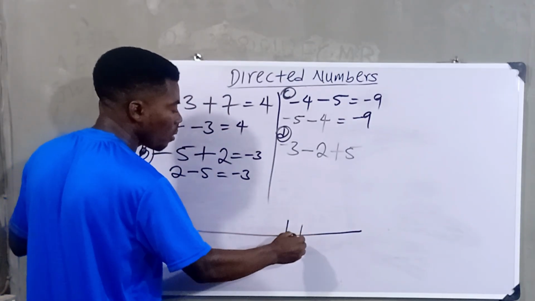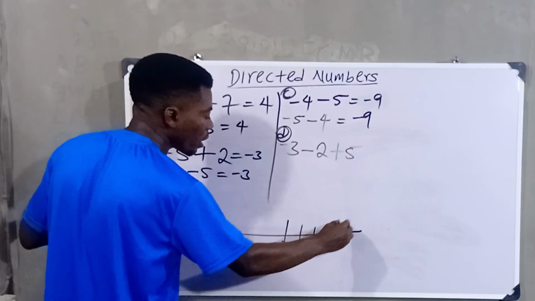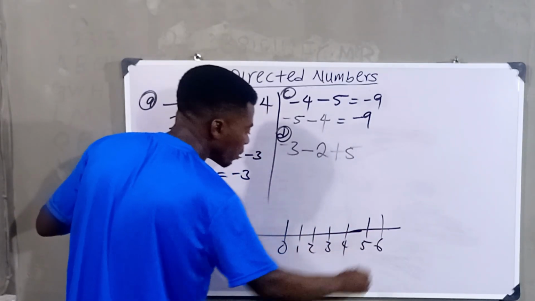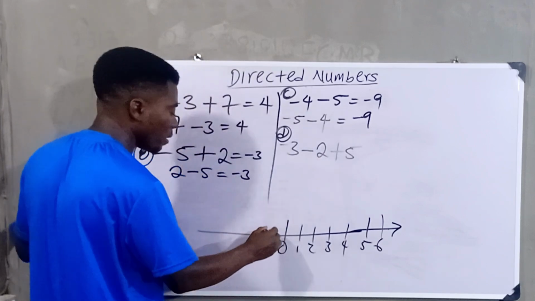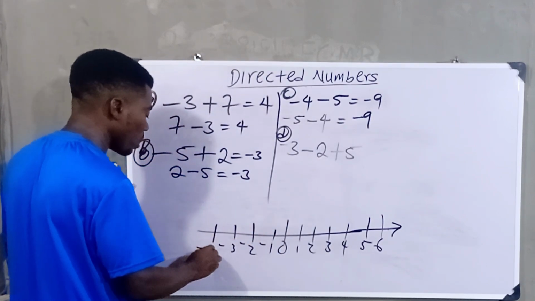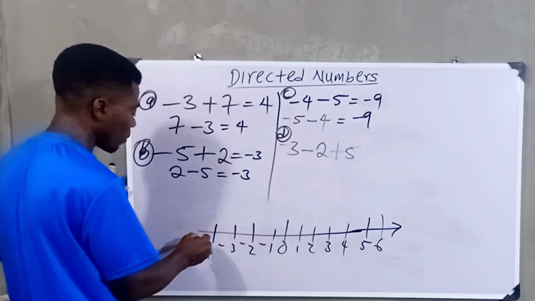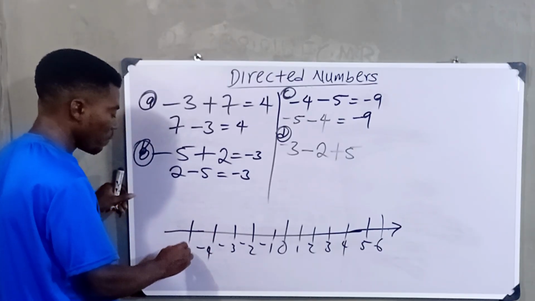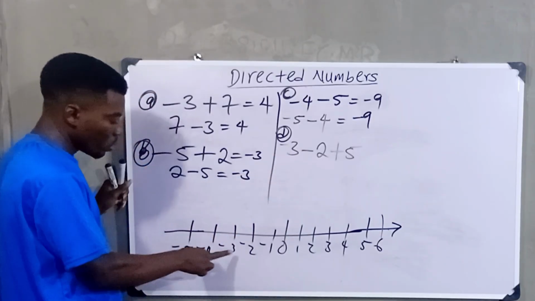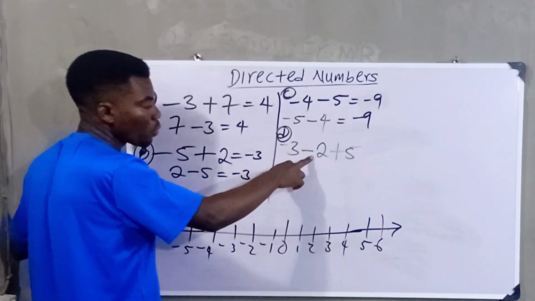So 0, 1, 2, 3, 4, 5, and 6, and then negative 1, negative 2, negative 3, negative 4, and negative 5.